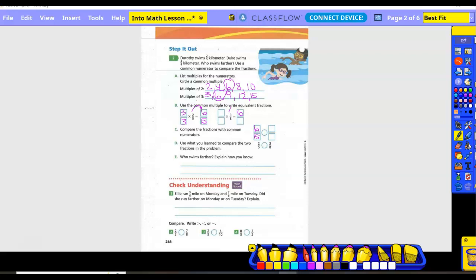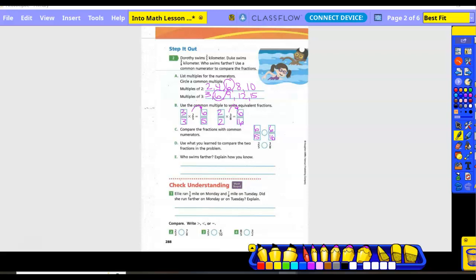Okay, how did I get from 3 to 6? Times 2. So what I do on the top, I also do on the bottom. So 2 times 8 is 16. So that is 6/16. So 6/15 is what? Is greater than.